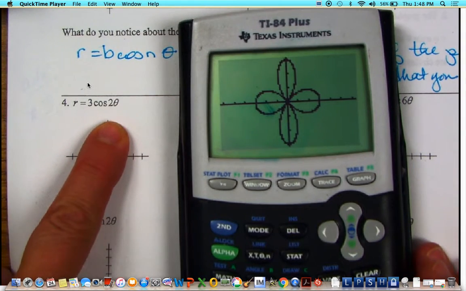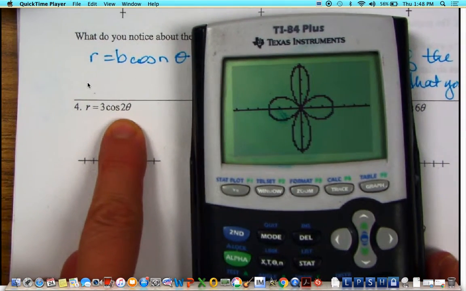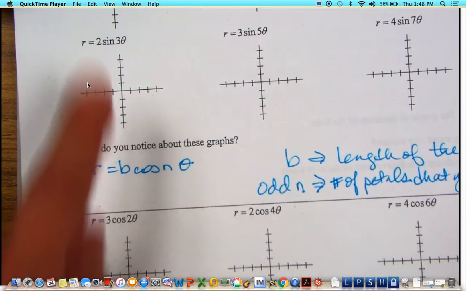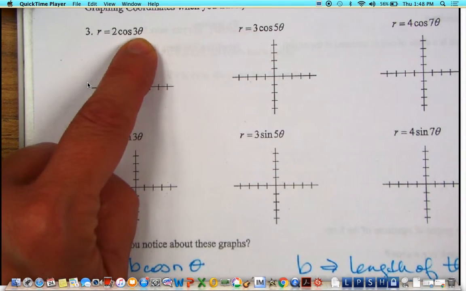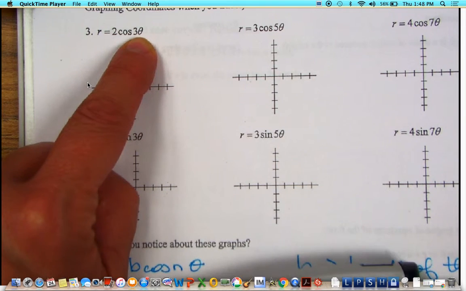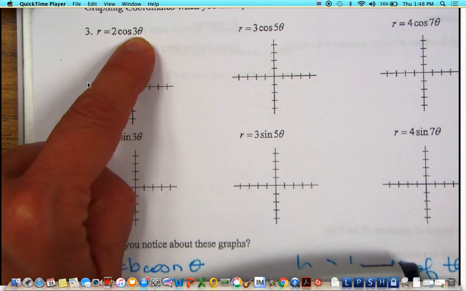So how many petals do you see here? You see 4, right? If you go back up here, there are really 8. But you're only seeing 4 because the second time around they graph on top of themselves.